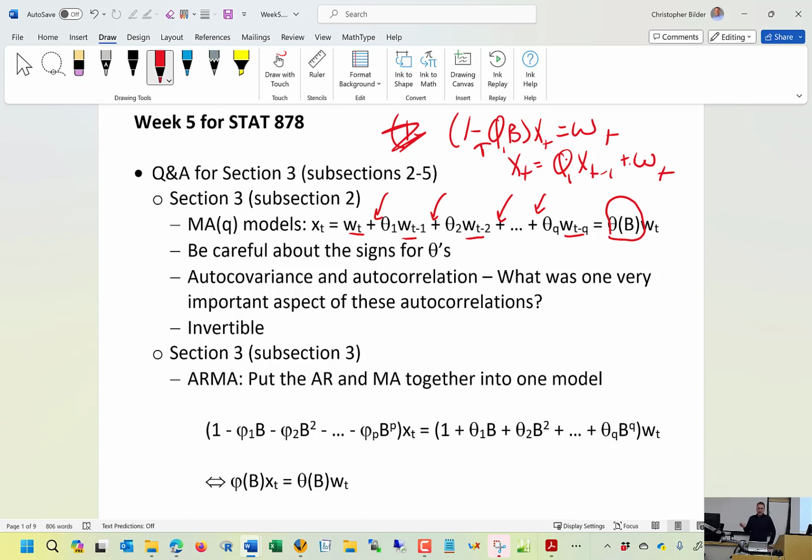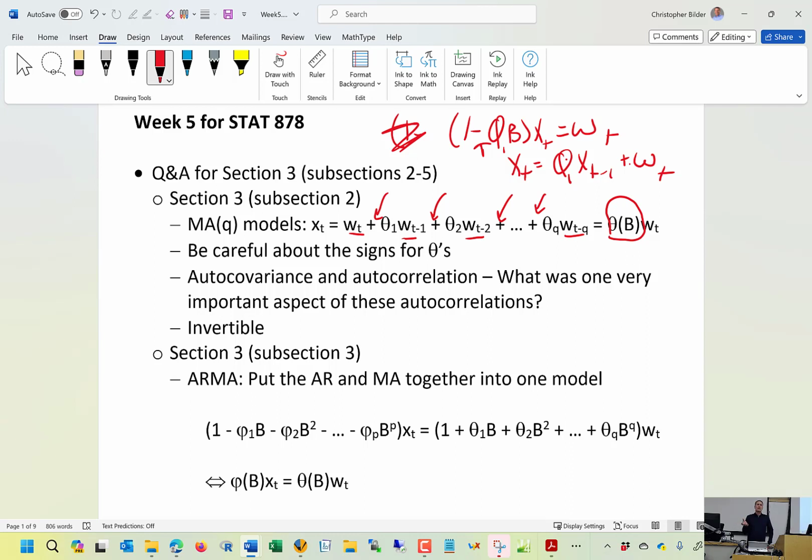Now, with these moving average models, we looked at how to find the autocovariance function and the autocorrelation function. What was one very important aspect of the autocorrelation function when we have just a moving average model? Does anyone remember? So let's say I have a moving average 1 model.